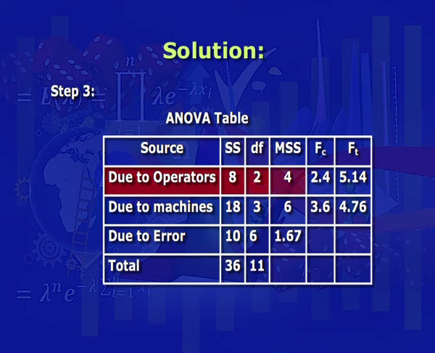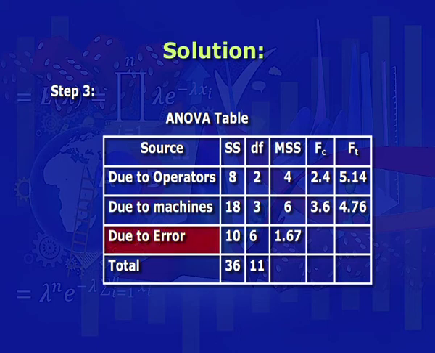So, mean sum of square equal to sum of square divided by degrees of freedom, which gives the value 4. Similarly, due to machines, sum of squares is 18, degrees of freedom is 3, and therefore, mean sum of square equal to 18 divided by 3, which is 6.